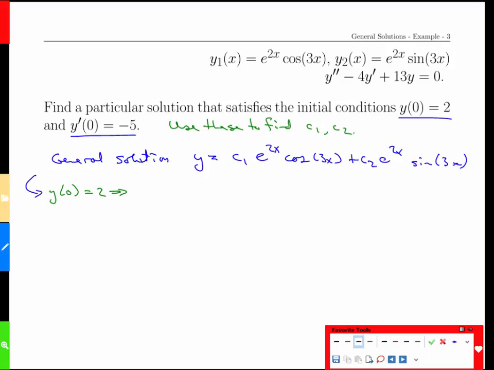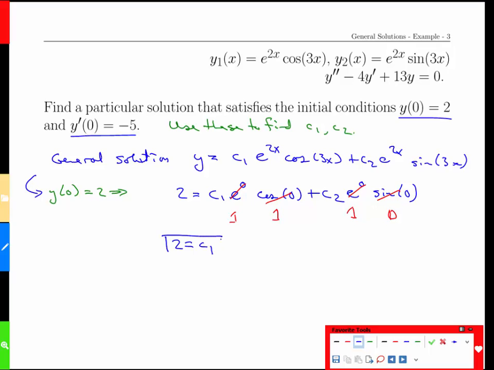And if we do that, we get 2, that's the y value, equals C1 e to the 0 cos of 0 plus C2 e to the 0 sine of 0. We'll do this first one explicitly. Then we just remember our basic trig functions. Cos of 0 is 1, sine of 0 is 0, e to the 0 is 1. So at the end of the day, we just get 2 equals C1. Hey, that wasn't too bad. That gives us one of the constants for our solution.